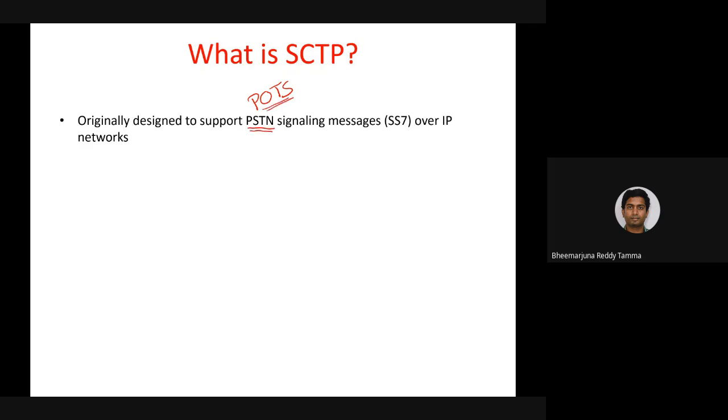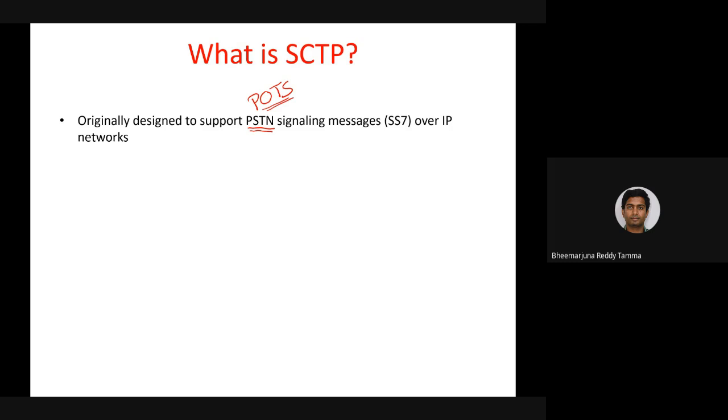There, when you are making or receiving calls, a lot of signaling happens, similar to what I'm describing for cellular networks, between your landline phone and the telephony exchange and the receiver's landline phone. The signaling messages happen over a certain protocol stack. There they have SS7 as the protocol stack, and we have SS7 messages.